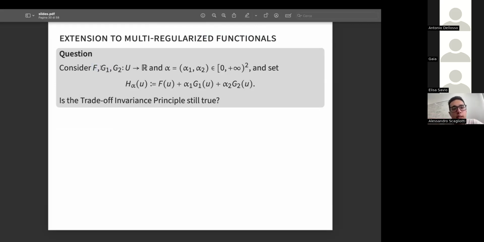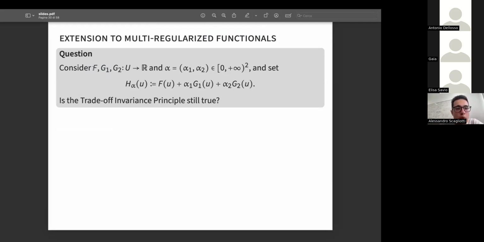But at least from the theoretical perspective, there are no asymmetries between f, G1 and G2. We may psychologically think of f as the most important object in our minimization, but from the theoretical viewpoint, there is no distinction between f, G1, and G2.